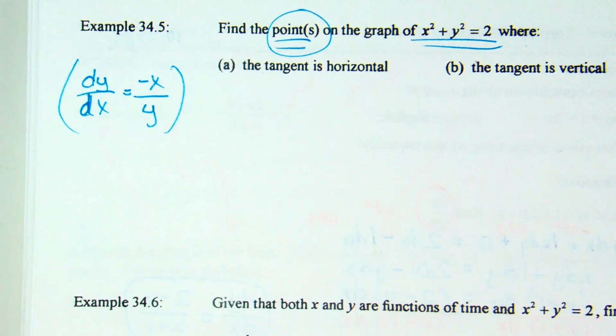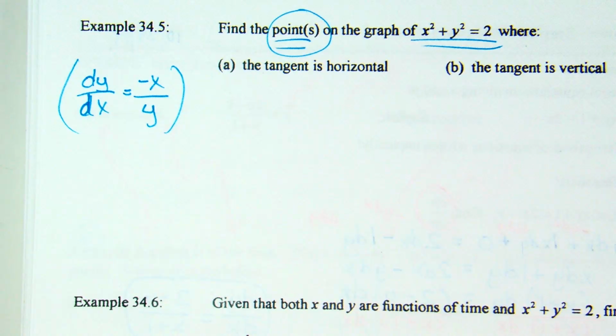What do you know when the tangent is horizontal? What is the slope when the tangent is horizontal? What's the slope of a horizontal line? There is one. It's 0. There isn't one, and it's 0 are two different answers. Okay.